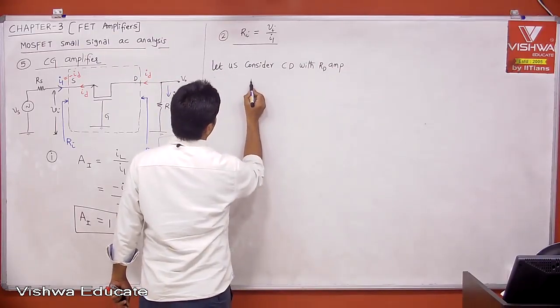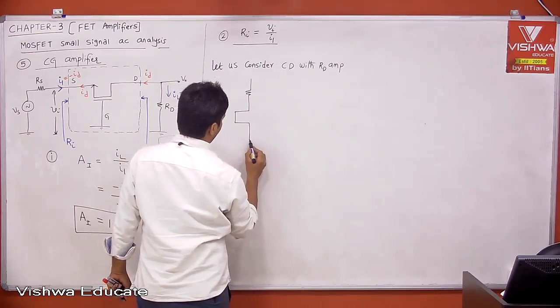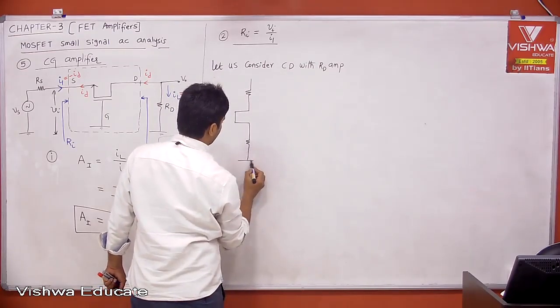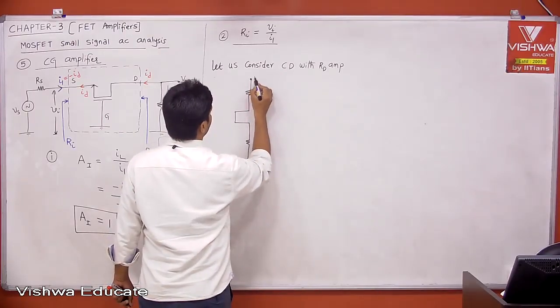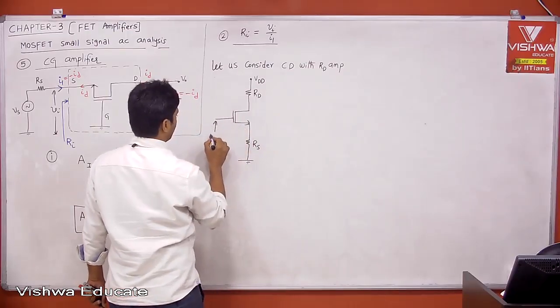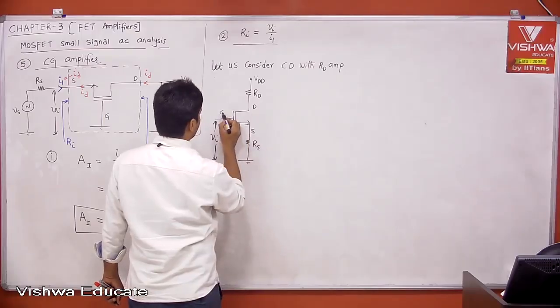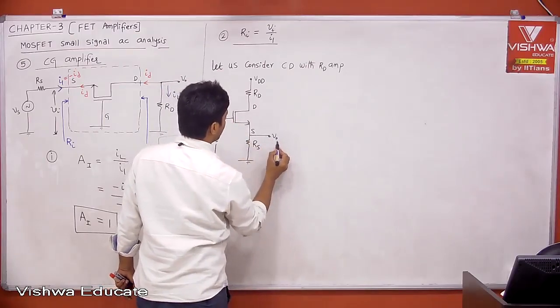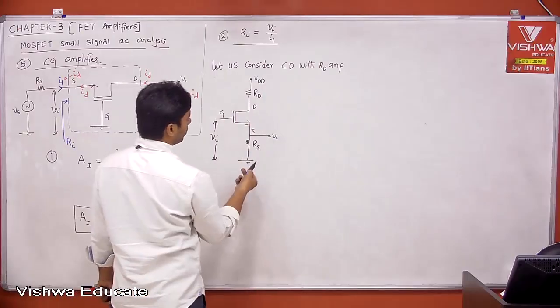That is nothing but this is CD with RD amplifier. This is source, drain, gate, this is your V0, right? Then what is AC circuit? AC circuit means what is your output impedance?